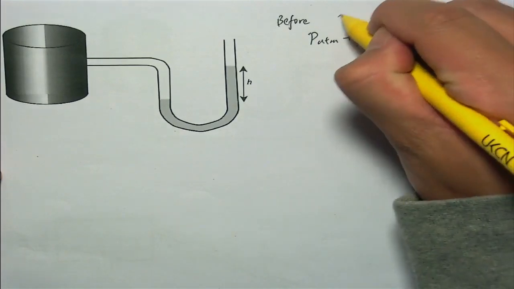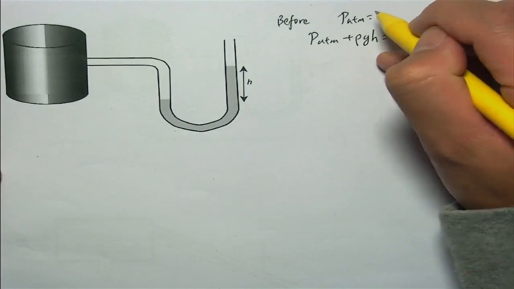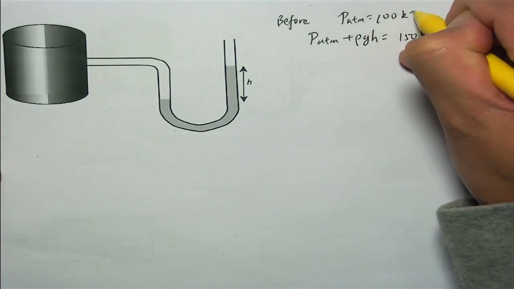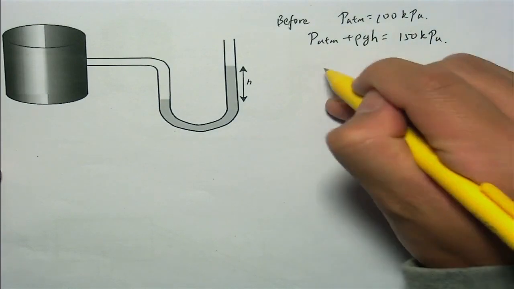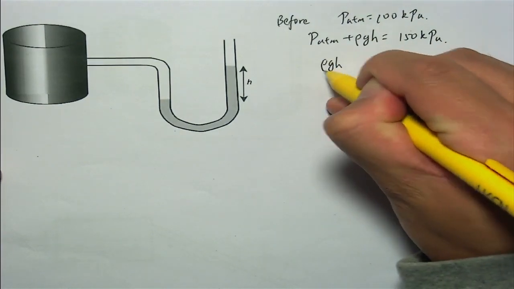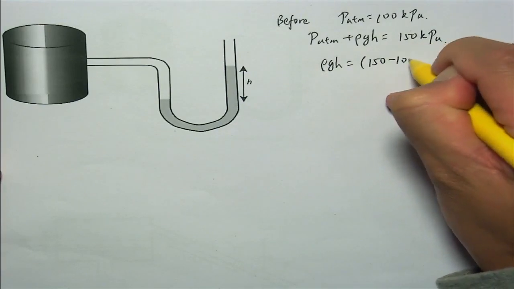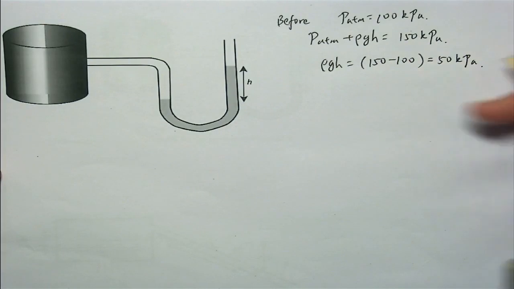And we also know P atmosphere is 1 bar, so it's 100,000 Pa. So we can easily get rho GH is equal to 150 minus 100, 50,000 Pa.